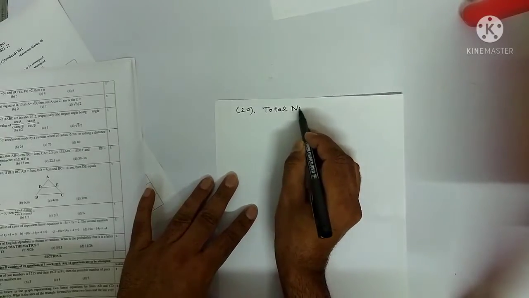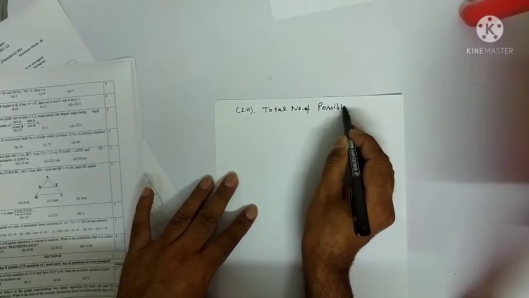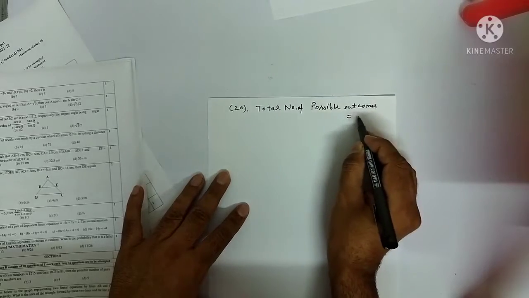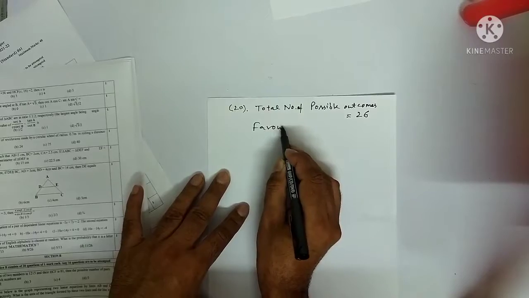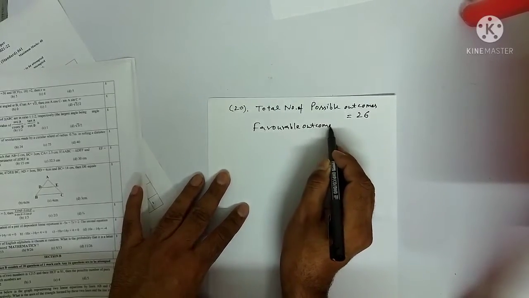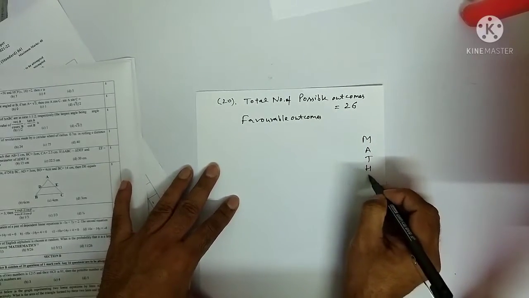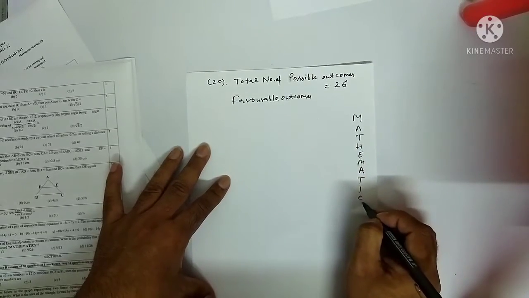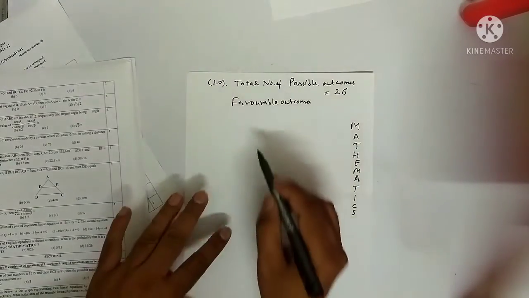Total number of possible outcomes. There are 26 alphabets. So 26. Now we need to see favorable outcomes. What is the word mathematics? M-A-T-H-E-M-A-T-I-C-S. This is mathematics.